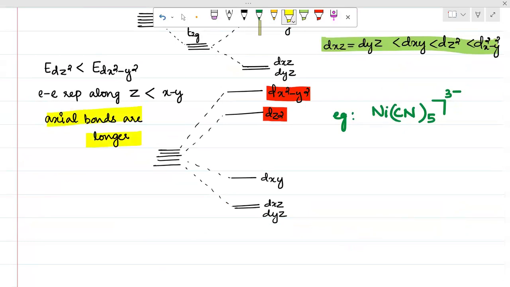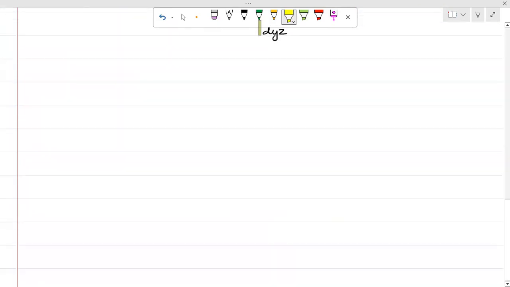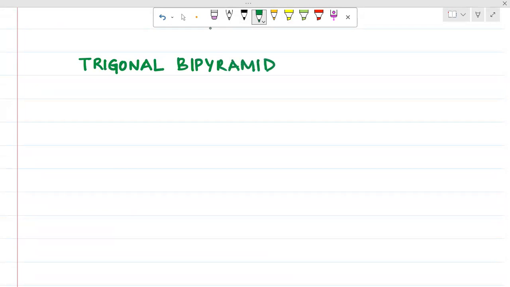This is about square pyramidal. Next, you have trigonal bipyramidal. How does it look?